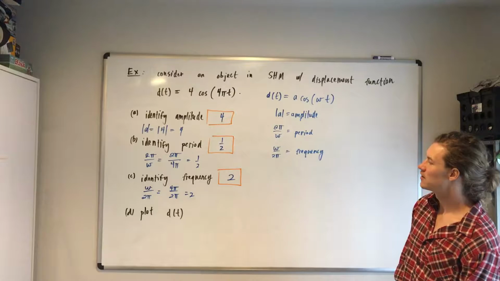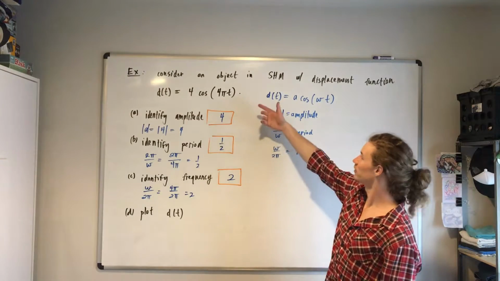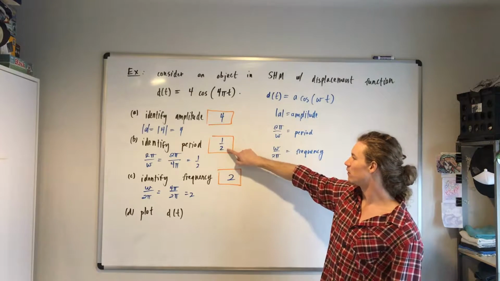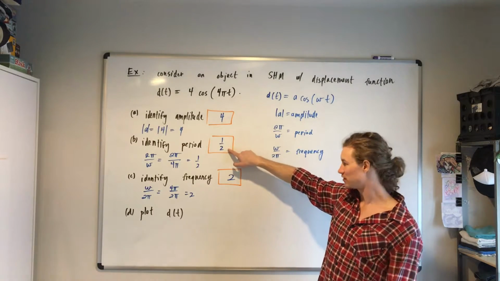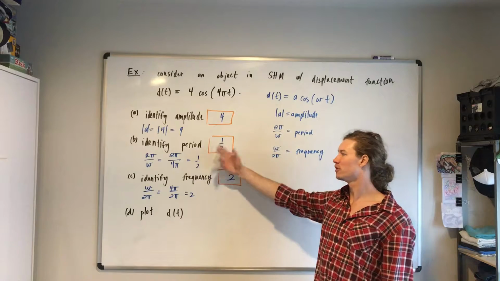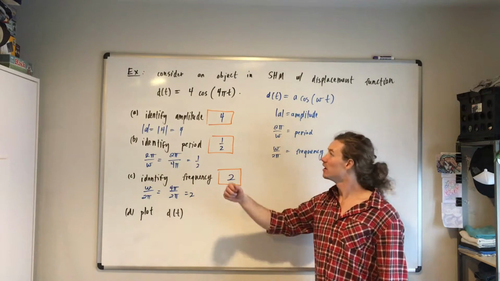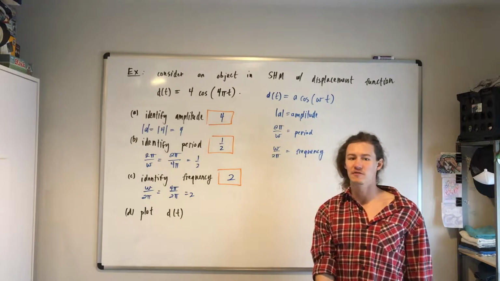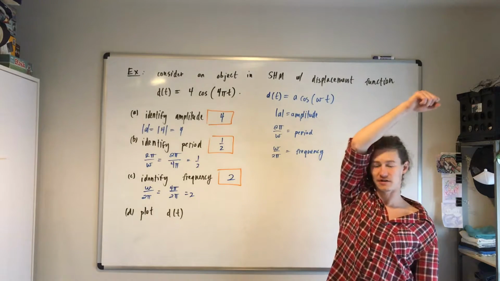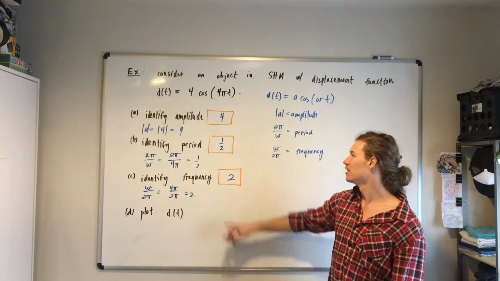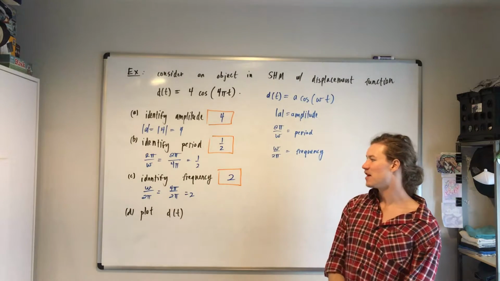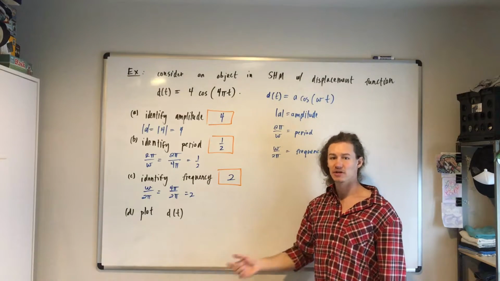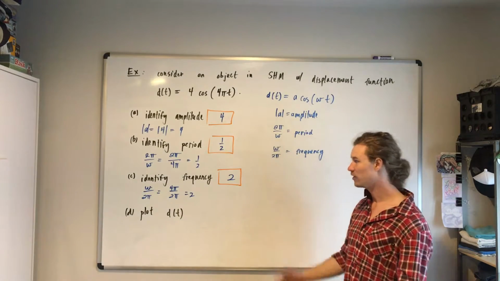If our time was measured in seconds, it would take 1/2 a second for us to complete one period or one cycle of motion, starting at a maximum value, hitting an equilibrium value, going to a minimum value, returning to an equilibrium value, and finally to a maximum value. And therefore, we would complete 2 cycles in 1 second.